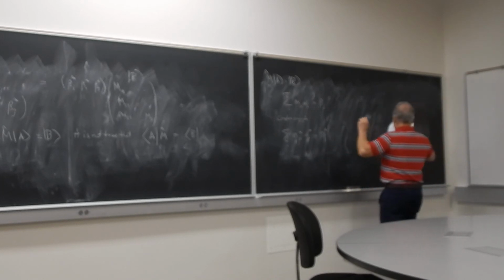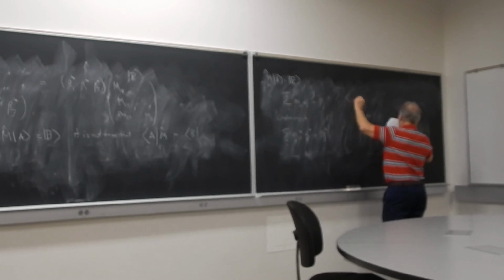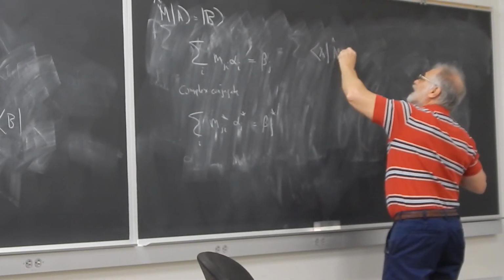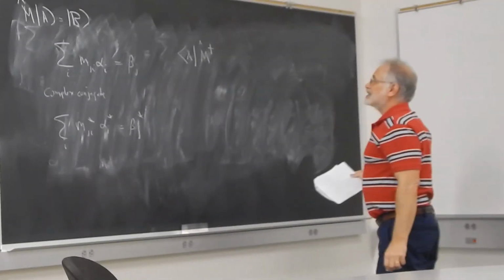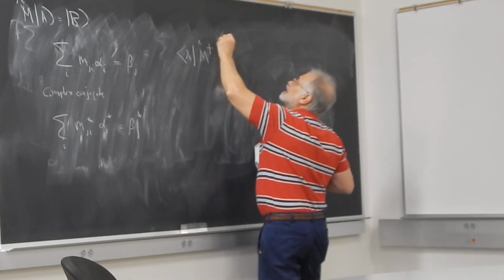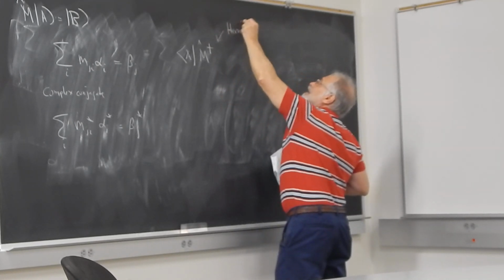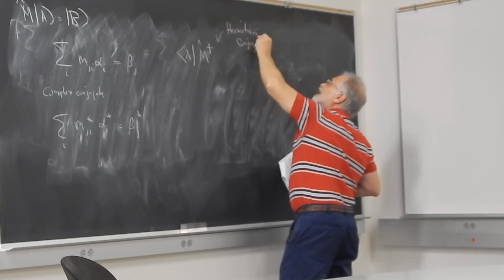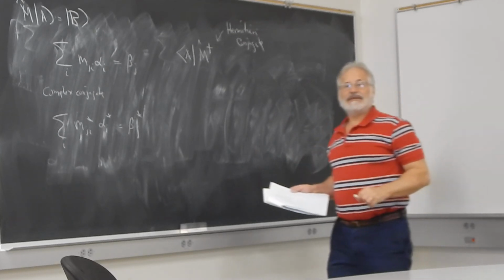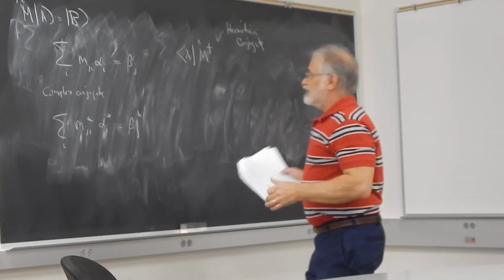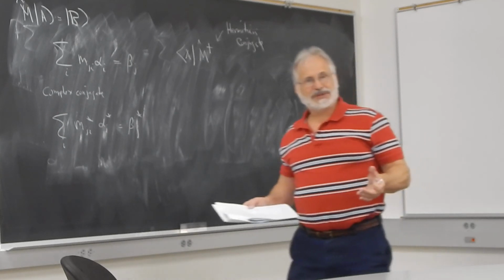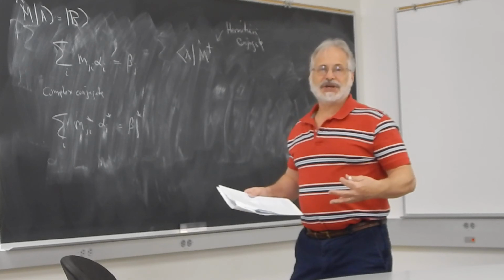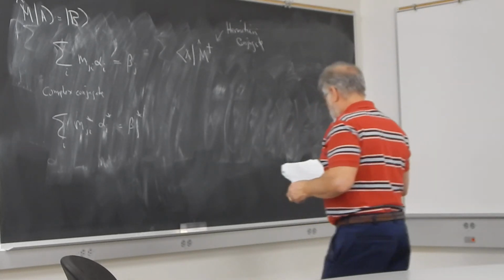So what we're going to use is this notation for bra A, and for M we're going to use an M dagger. That dagger indicates a Hermitian conjugate. If I want to take a Hermitian conjugate of an operator, what I have to do, if I treat it as a matrix, I take the transpose of the matrix, we interchange rows and columns, and the complex conjugate of the members of the matrix.